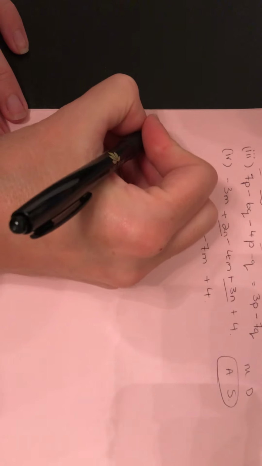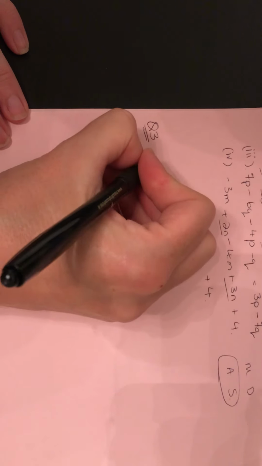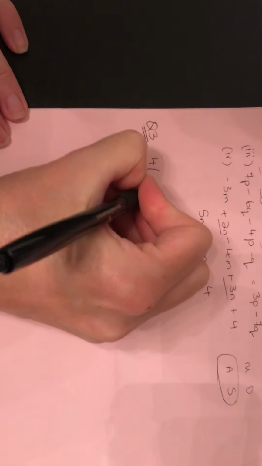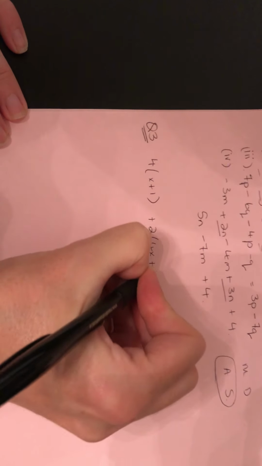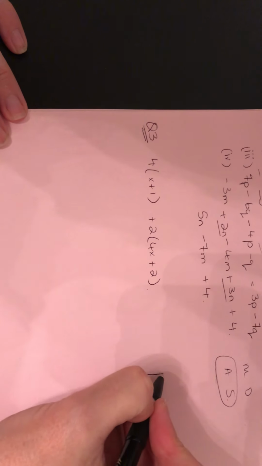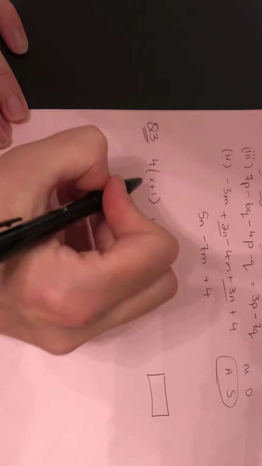Question 3, I think most of you were okay with. And we have 4 bracket x plus 1 plus 2 bracket 4x plus 2. Loads of ways of working this out. Usually I do the box method, so I take just this little part to the side.